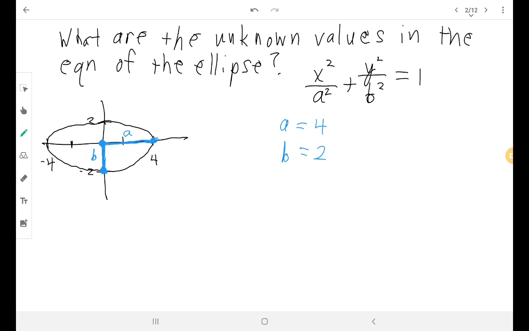So if you wanted to write the equation, fill in everything, you'd say x squared over a squared, which is 4 squared, which is 16, plus y squared over b squared. b is 2, so 2 squared is 4, equals 1. So that's a pretty simple problem and example.